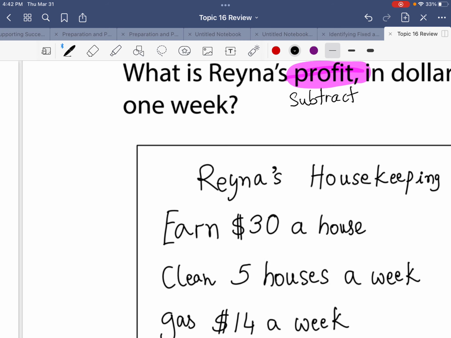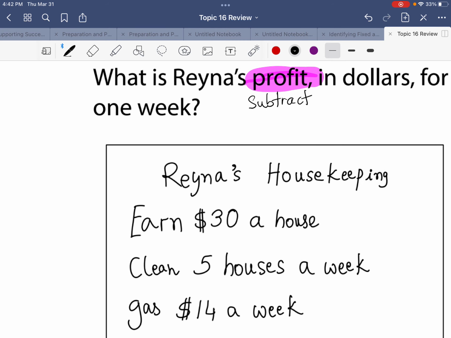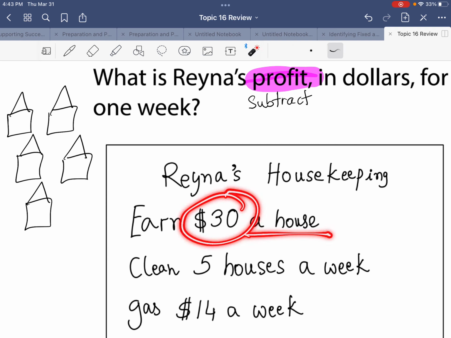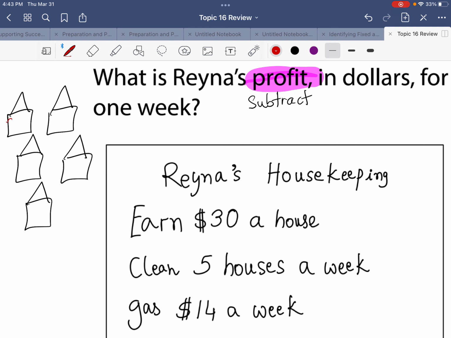So, for example, I'm going to draw 5 houses. 1, 2, 3, 4, 5. She earns $30 a house. So that means for one house, $30. For another house, $30. For another house, $30. Another house, $30. Another house, $30.